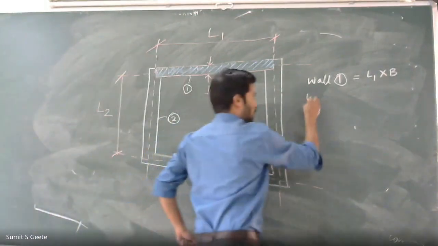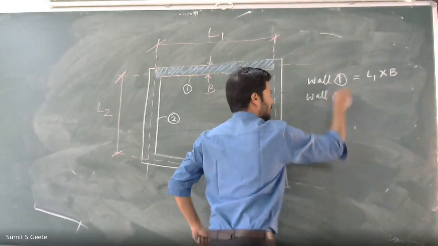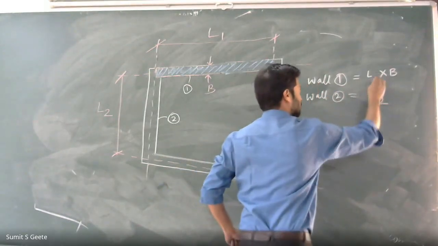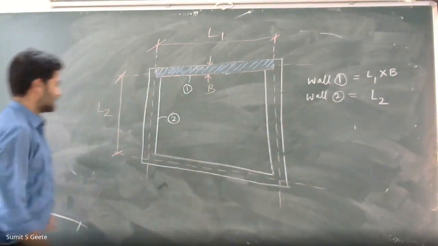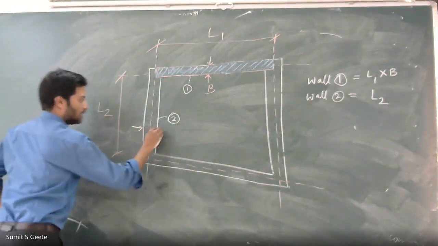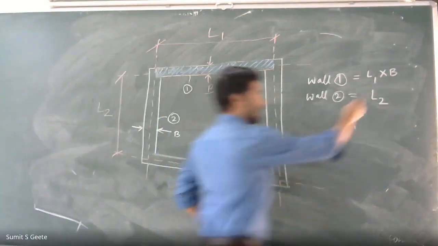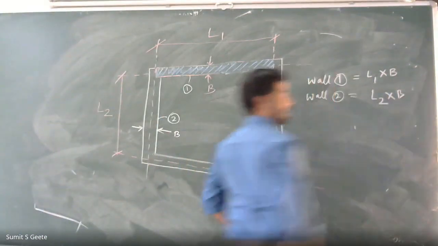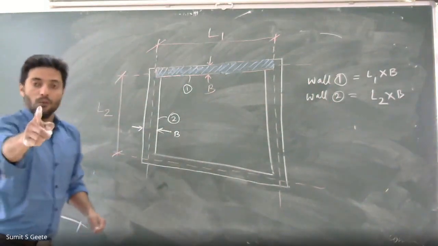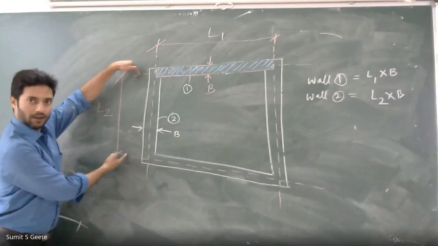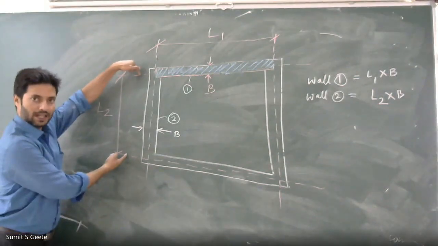So wall number 2 has center to center distance L2, and the width of the wall is B. So therefore I will multiply by B. Now, which portion is it going to cover? It covers this portion, means the center line of this and the center line of this.